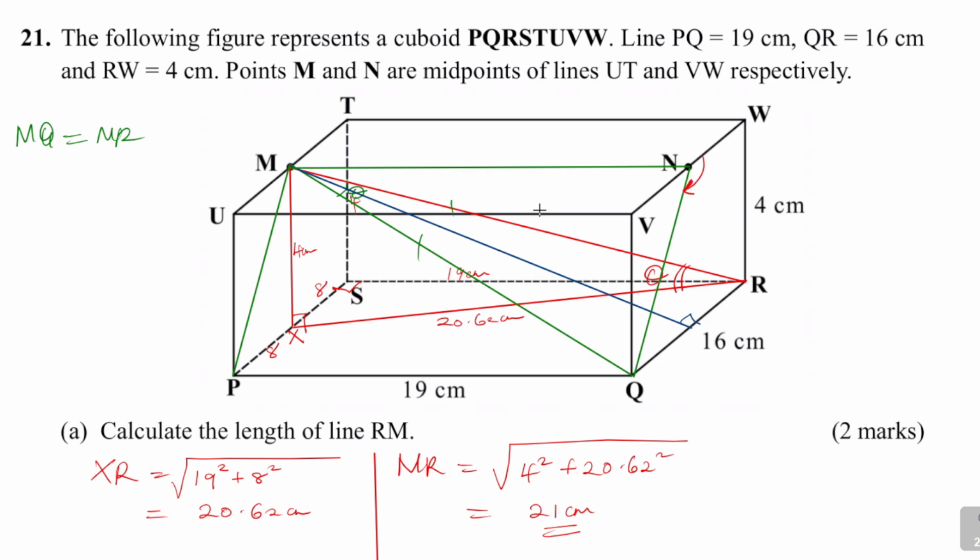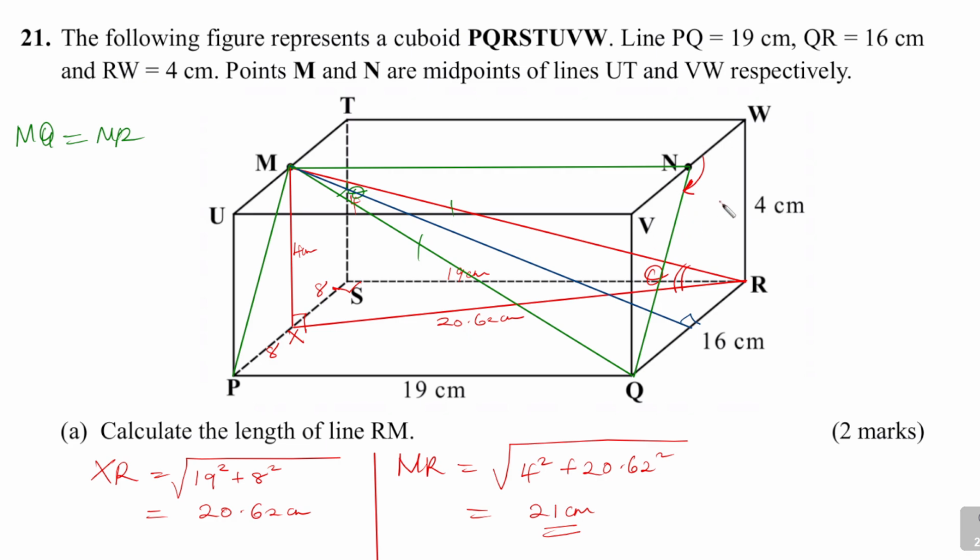That is the obtuse angle. Look at the planes again: P, M, N, Q, and then M, N, W, T. The two planes intersect along this line, so this is where the angle will be made. When you look at it from the other side, you notice that this obtuse angle will be the angle between the two planes.